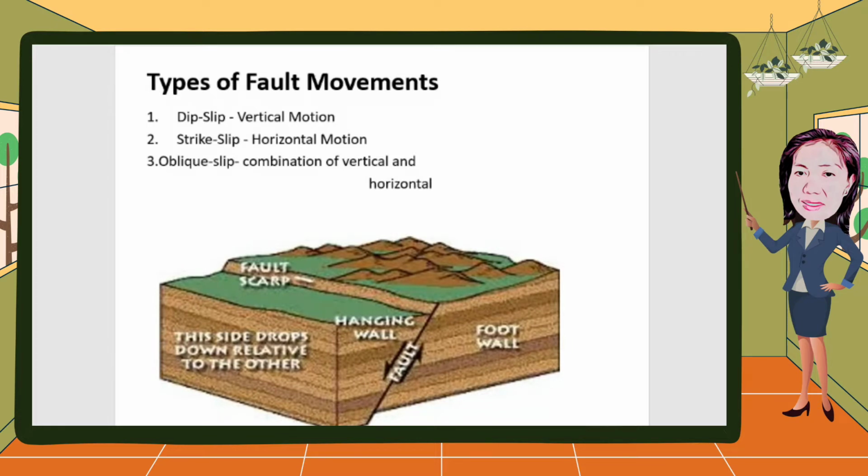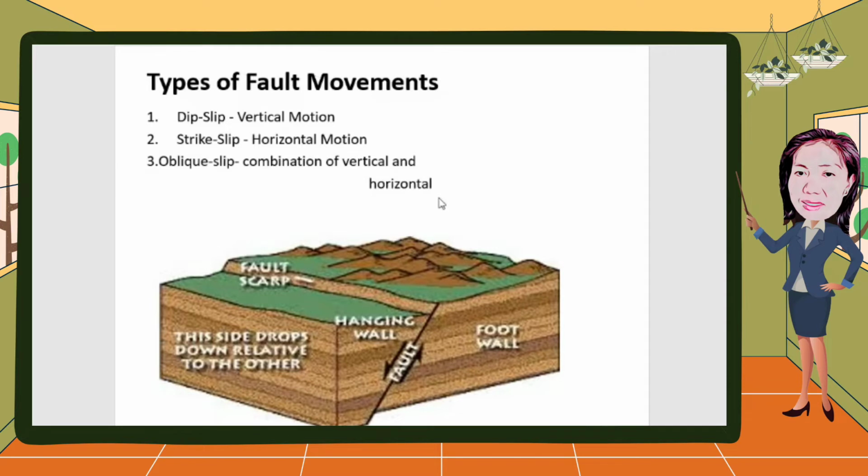If the movement is vertical, meaning the movement of plates or rocks is up and down, this is what we call dip slip. But if the movement is horizontal, meaning side to side, this fault movement is called strike slip. But if there is a combination of vertical and horizontal movement, this is called oblique slip.